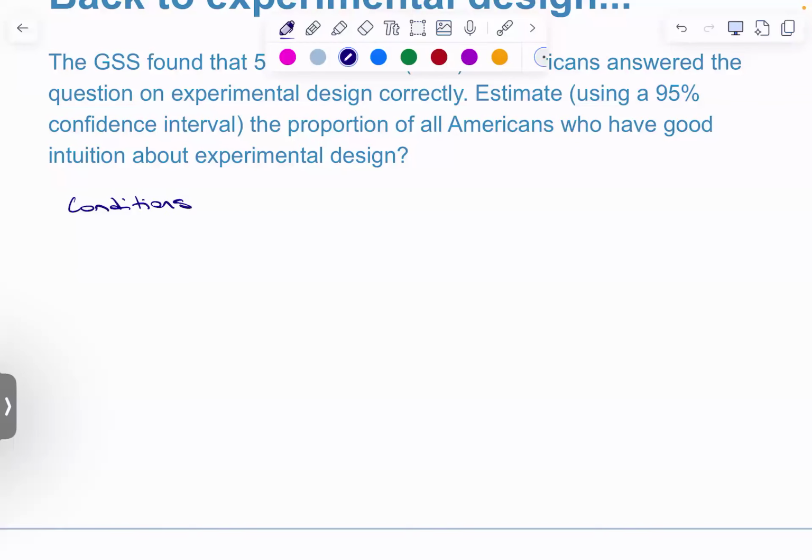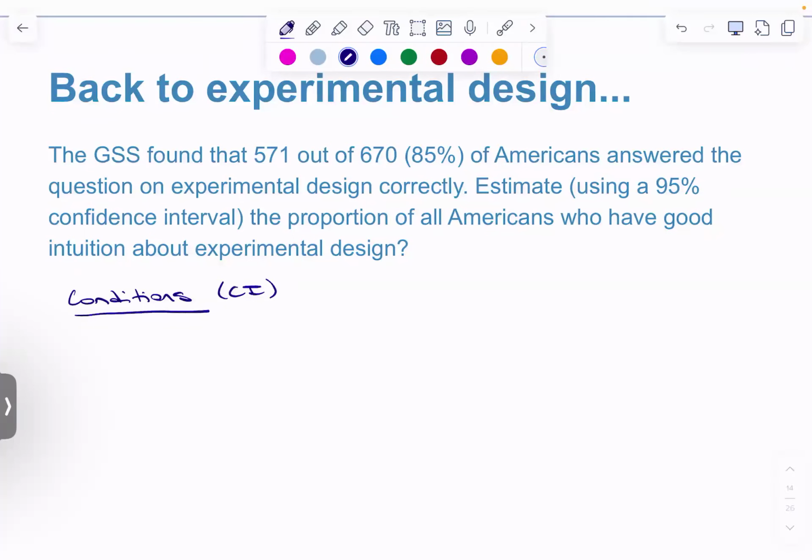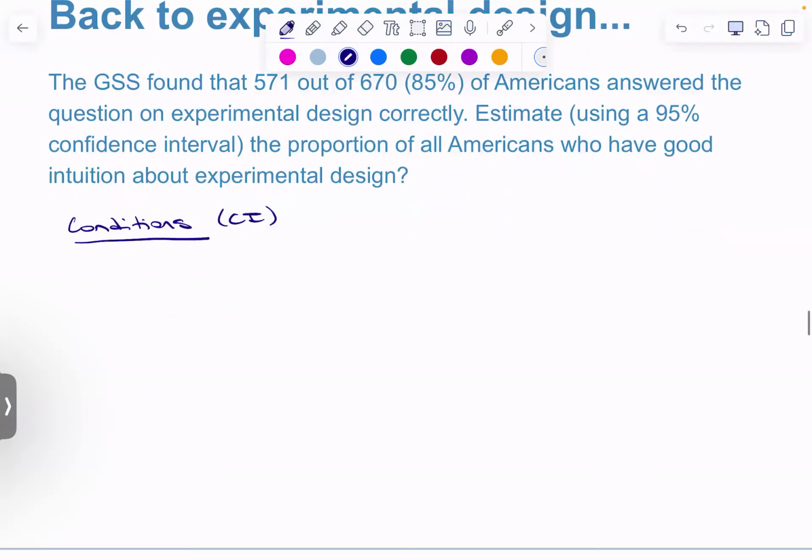Conditions for a confidence interval, because they're slightly different for a hypothesis test. And we did the comparison last day. So first is the independence condition.